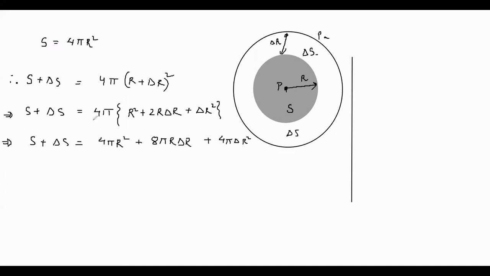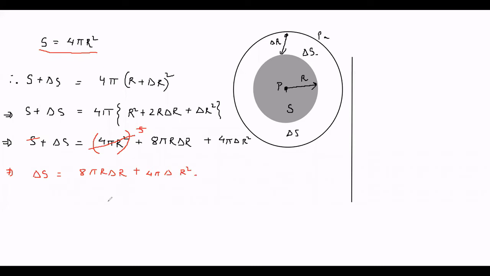Now as we can observe, this S is equal to 4 pi r square. So instead of 4 pi r square, I can write this as S. So this S and this S will cancel out. Therefore, finally, delta S becomes 8 pi r delta r plus 4 pi delta r square.